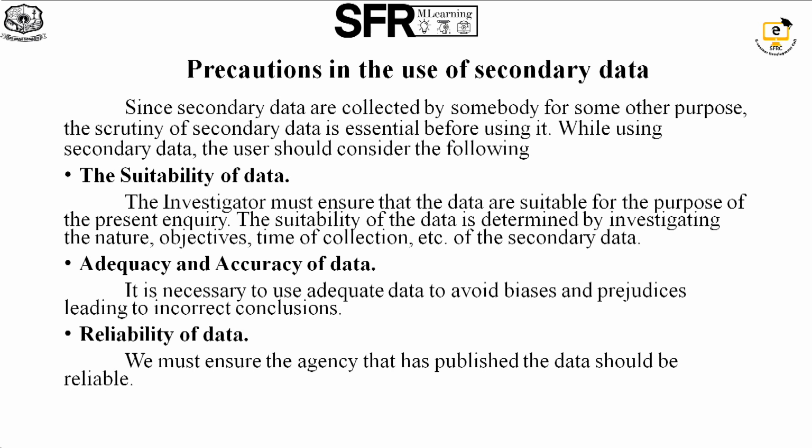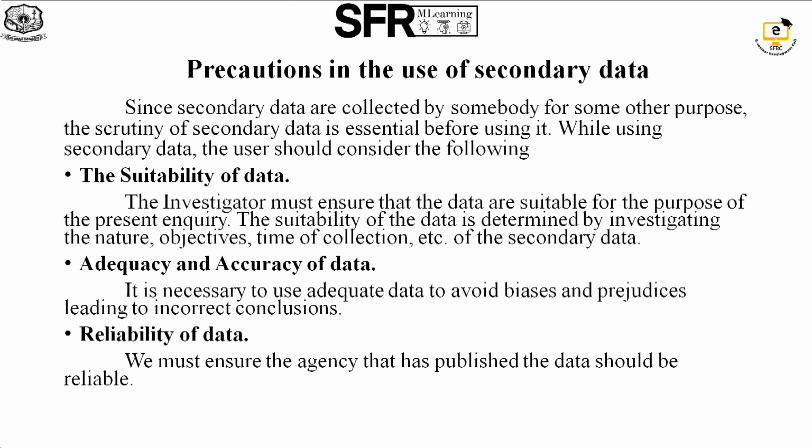Adequacy means whether this data is adequate for our investigation; first we have to find that. We also have to check whether it is biased or unbiased; only if it is unbiased can we use that data. Accuracy of the data also we have to check, and then collect the secondary data.